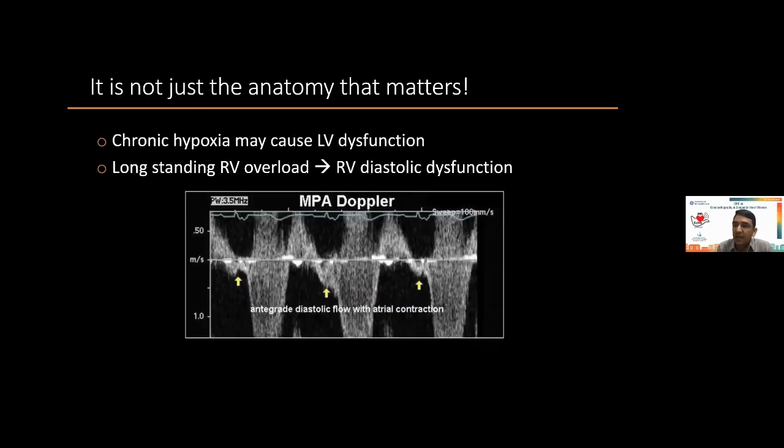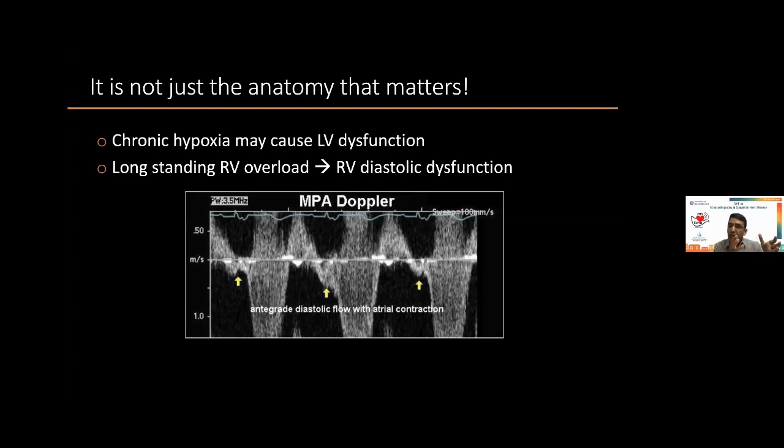Now, apart from anatomy, physiology also matters. Chronic hypoxia may cause LV dysfunction. Long-standing RV overload may cause significant right ventricular hypertrophy, leading on to RV diastolic dysfunction, and that may behave like restrictive RV physiology, which is one of the causes of poor cardiac output in the post-operative period.